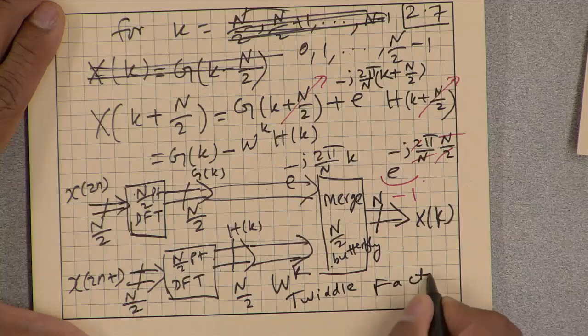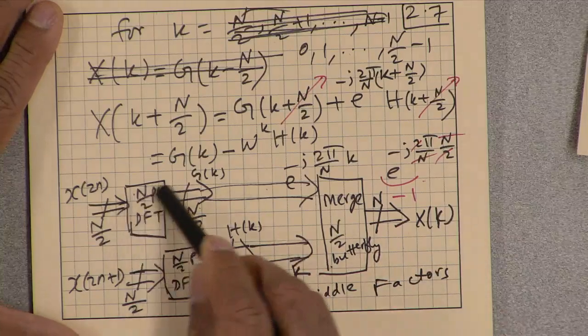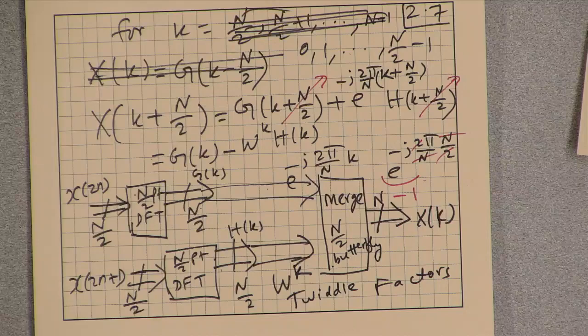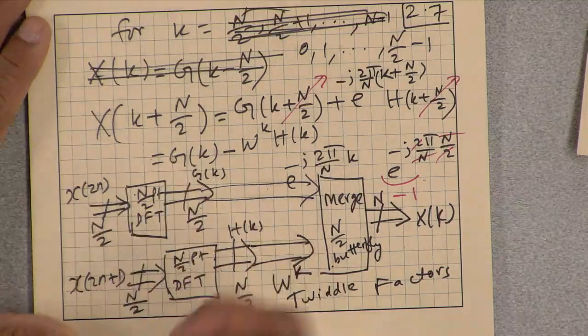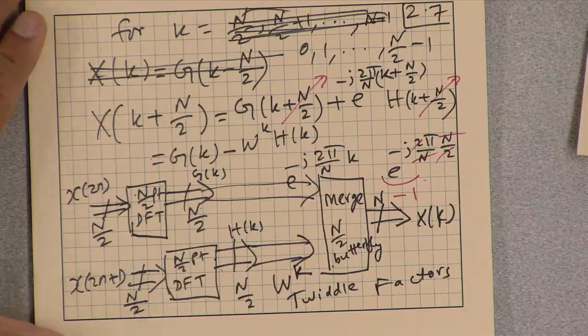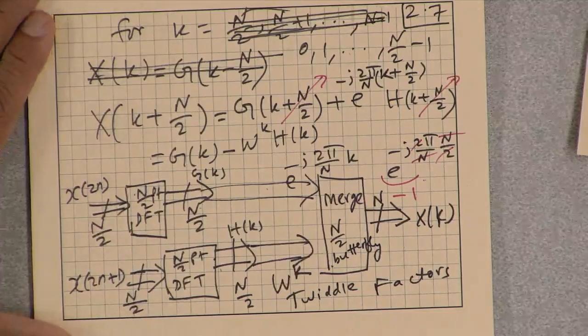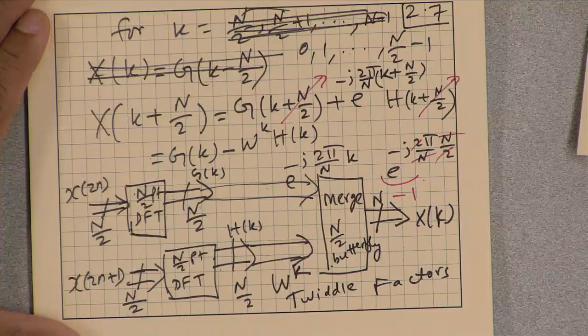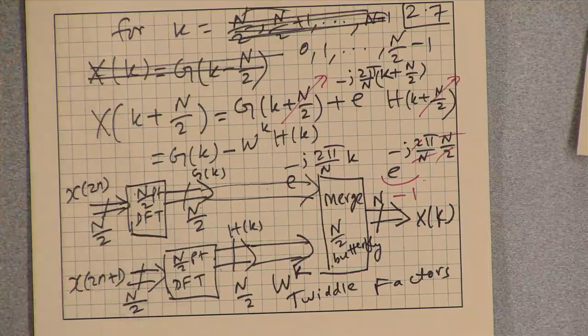Okay, so now in fact we can take this n by 2, express that as 2 n by 4 point DFTs, and the same here, and keep moving, and we'll see that ultimately we'll get to the butterfly structure that we need.